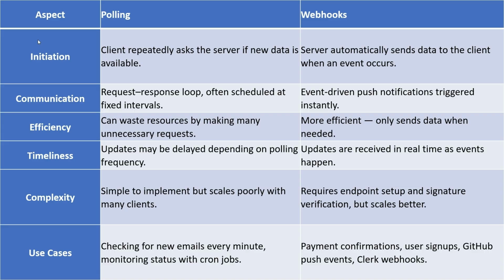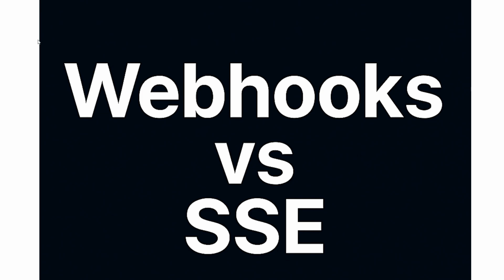It is better than basic polling because it reduces the number of requests, but it still relies on your system constantly asking for updates. Webhook flips the model. Instead of asking, your system sets up a listener, which is an endpoint, and the external service sends a message the moment something important happens. There is no waiting, no repeated requests, just instant delivery.